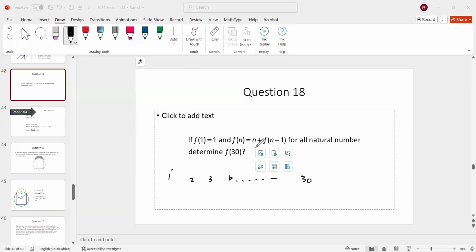Now what is f of 30? F of 30 is, you put n equals 30, n is 30 here, and here you have f of 29. So therefore f of 30 is 30 plus f of 29.